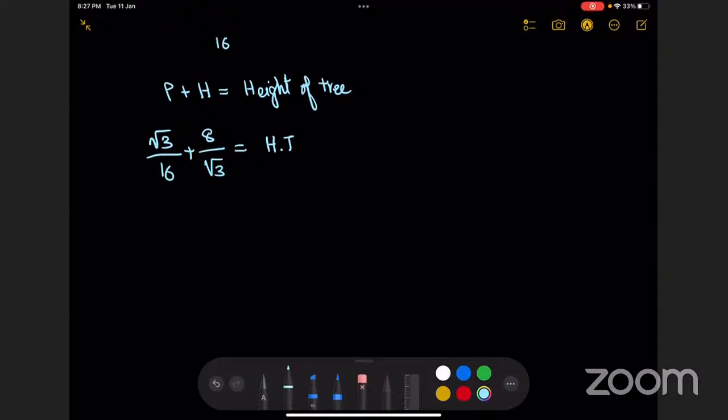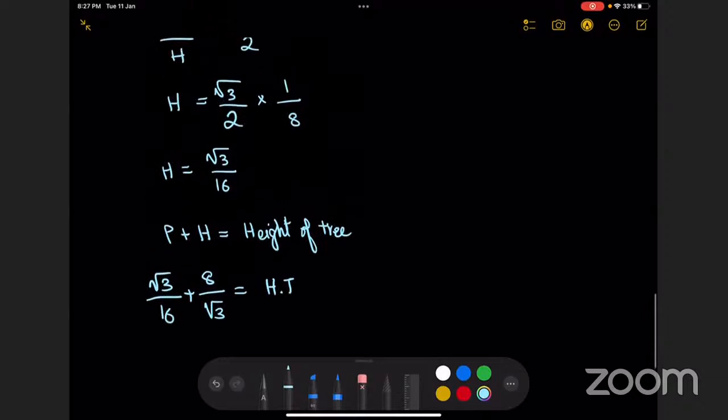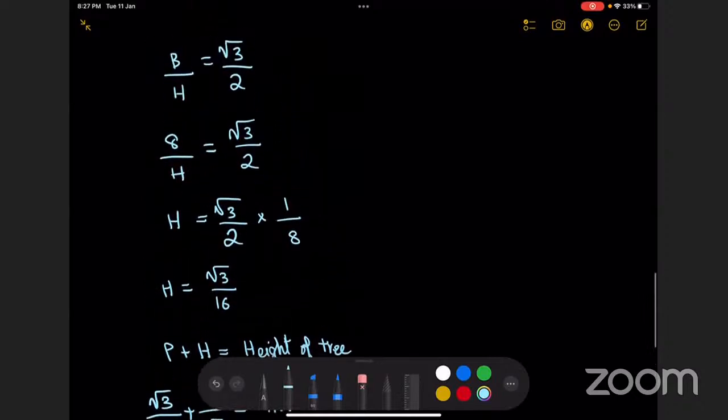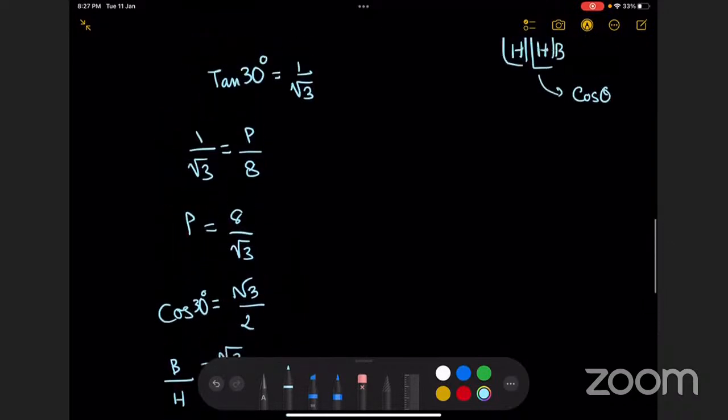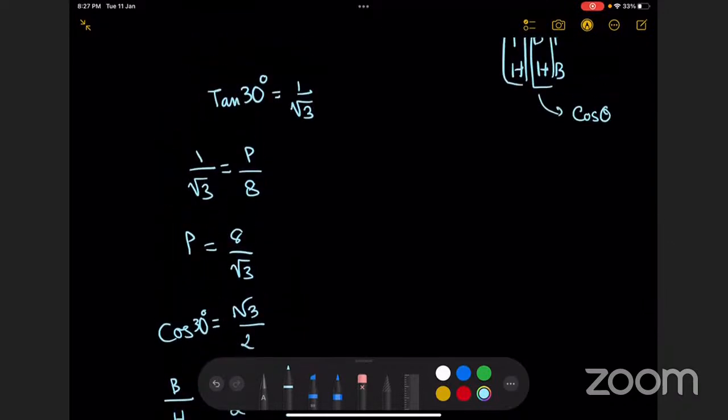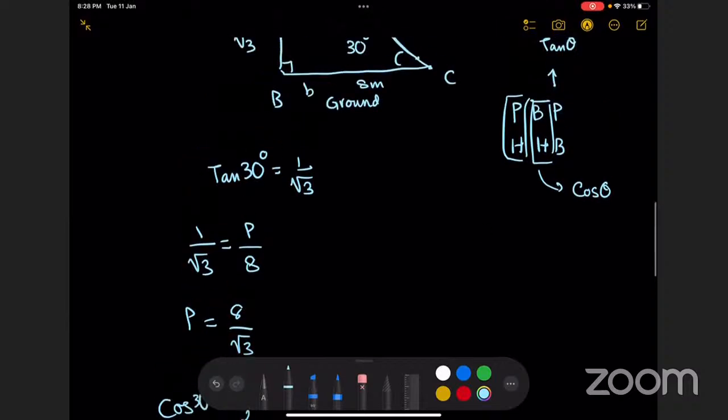सो हम एक बार चेक कर लो, ये पूरा आपने करेक्ट किया है? मुझे ऐसे लग रहा है कि कुछ गड़बड़ है। Is there anything wrong?